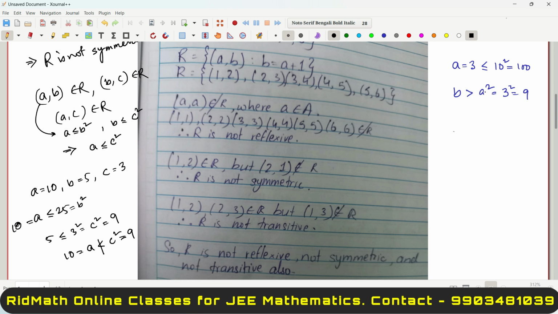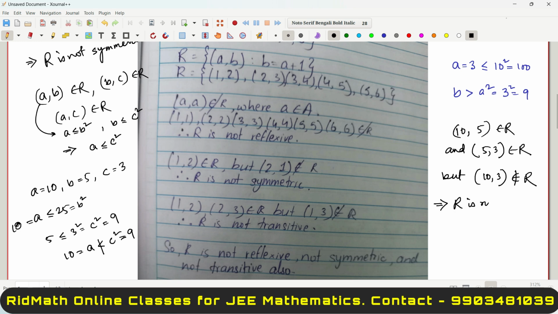To show that this relation is not a transitive relation, we found a pair a, b and b, c. Which are they? 10 comma 5 belongs to R, and 5 comma 3 belongs to R, but 10 comma 3 does not belong to R. That implies R is not transitive.